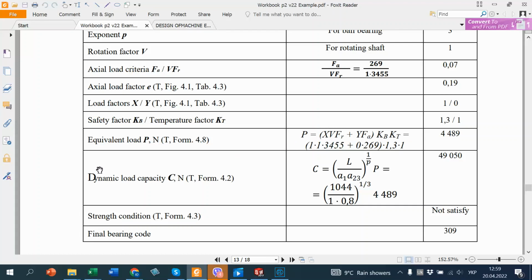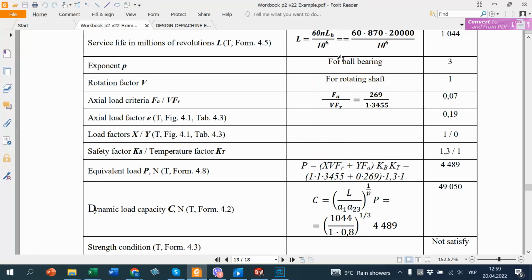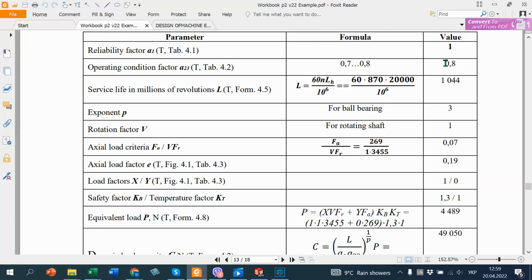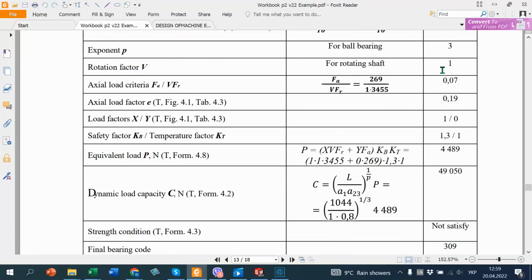Then, when we know the equivalent load P, we can find the dynamic load capacity. It's the required dynamic load capacity. This formula I have shown you. L is the service life in millions. A1 is 1, A2 is 0.8.